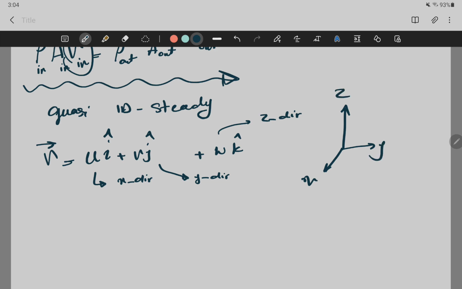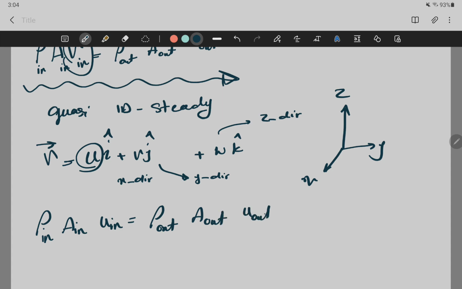If you're dealing with one-dimensional flow, u is the only component present. So your equation is going to be rho in, A in, u in equals rho out, A out, u out. This is conservation of mass.